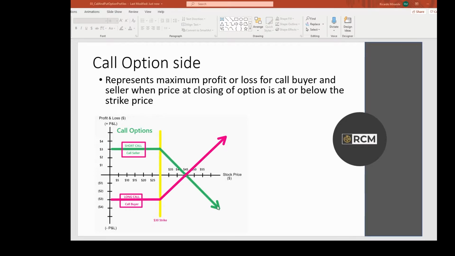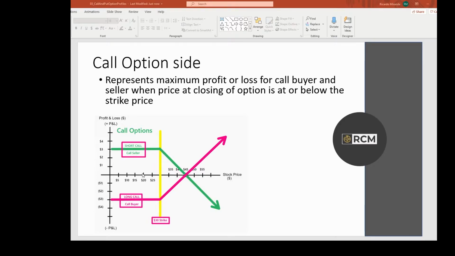Also notice that if the market price of the underlying is at or below the strike price of $30 at the time the option is closed or it expires, the call buyer will be at a max loss. So that's for this region here. Here's the $30 strike. We can also see that the call seller will be at maximum profit.